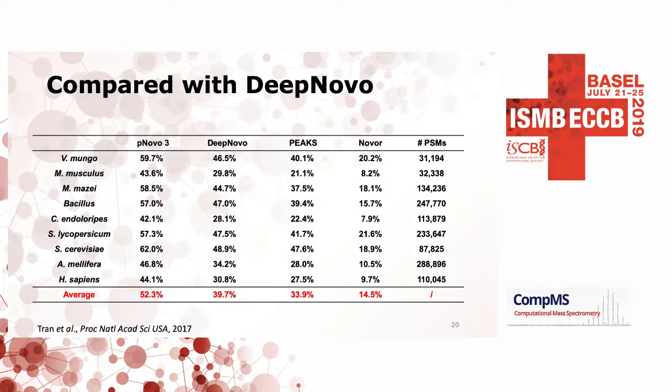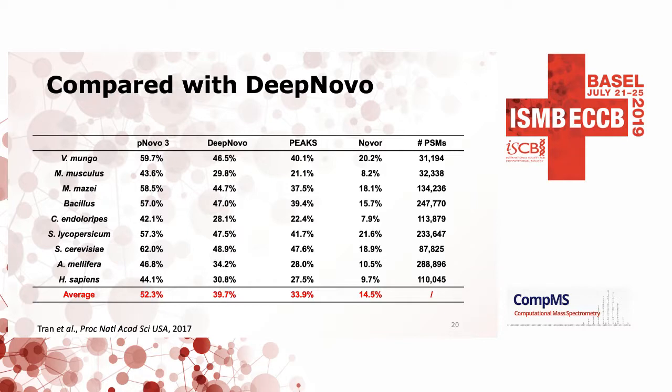Finally, we compared pNovo 3 with the latest de novo sequencing algorithm using deep learning, DeepNovo. As DeepNovo uses a different model for the 9 high-resolution test datasets in its paper, 9 different models were trained for each of the 9 datasets.